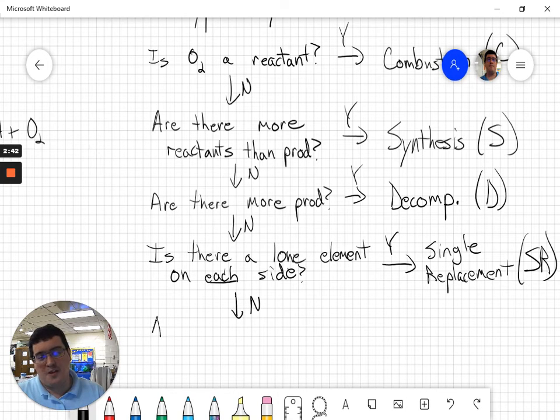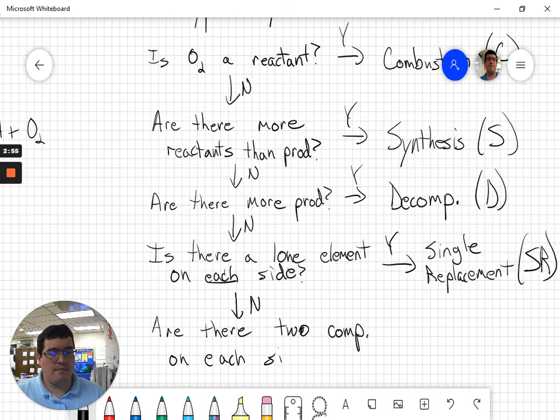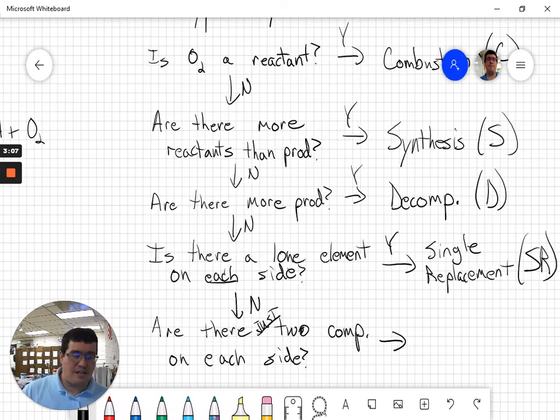If there's not, well, this one should be, are there two compounds on each side? If there are just two compounds on each side, then chances are you are looking at a double replacement.